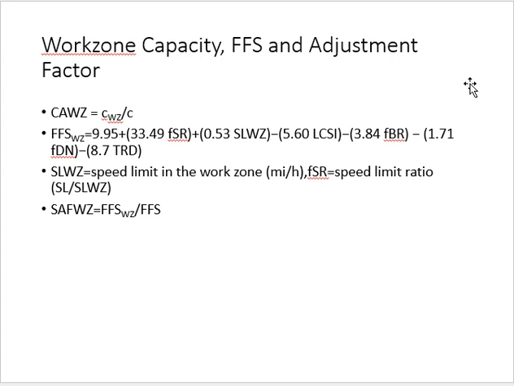It may be the same or it may be less. This is a ratio of normal speed limit upon work zone speed limit. Before there was no work zone, the speed limit could be higher. Now there is a work zone, the speed limit could be lower. So their ratio is FSR. Clear?